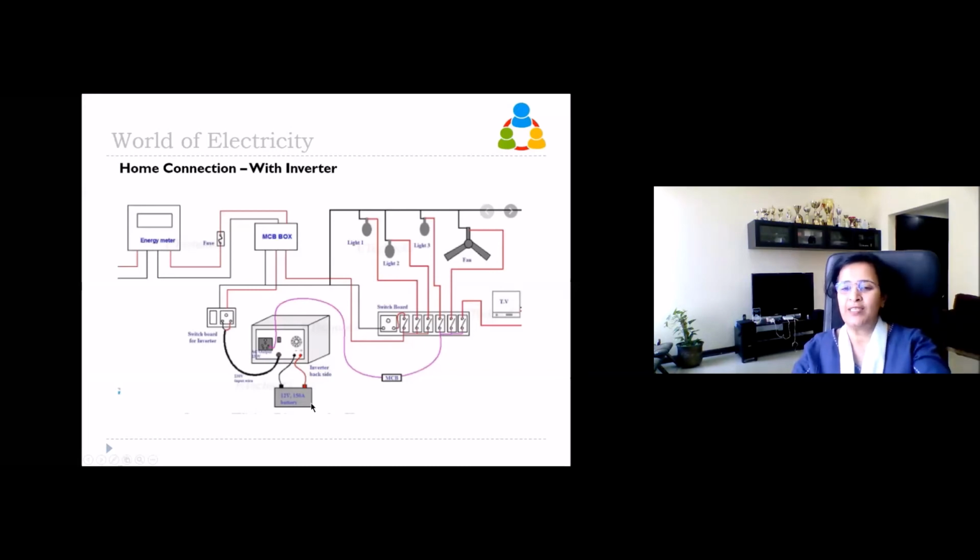And when the electricity goes, the battery gives supply to the inverter, and it feeds all our devices, our lights and switches, whatever circuit is connected. That is what happens in the inverter.